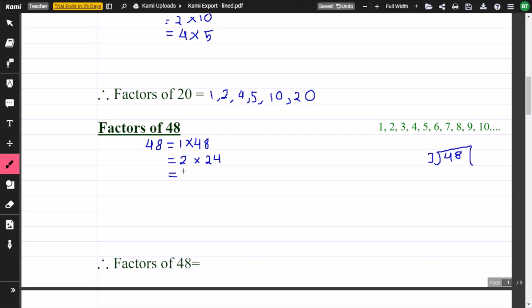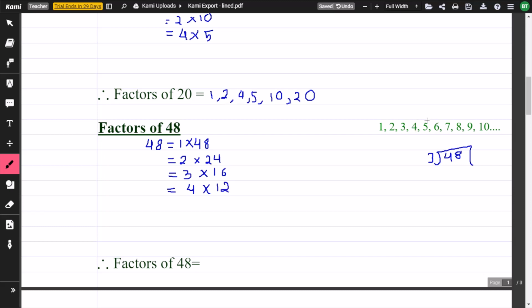So here 48 is divisible by 3. 3 times 16 gives 48. Now after 3, move to the next number. The next number here is 4. Is 48 divisible by 4? 48 is divisible by 4. 4 times 12 gives 48.